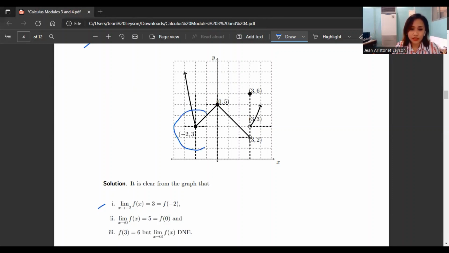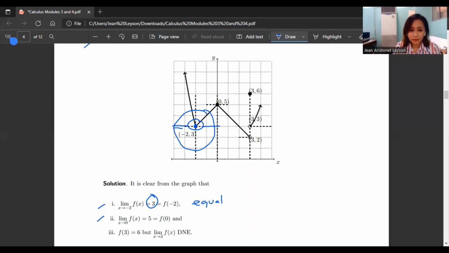We can see that as x approaches -2 from the left and from the right side, the limit is approaching 3. And at f of -2, which is this point right here, the value is also 3, meaning they are equal.